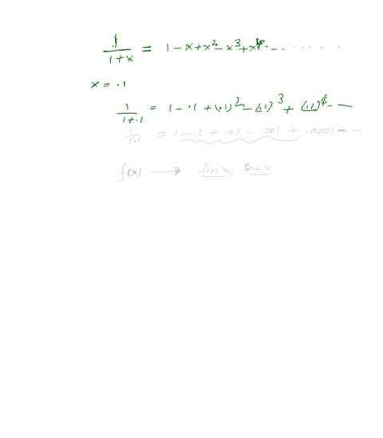So it should be 1 minus 0.1 plus 0.01 minus 0.001 plus 0.0001, and so on. This allows us to estimate 1 over 1.1 in decimal form. Depending on the decimal places that you need, we can terminate the series wherever we want.